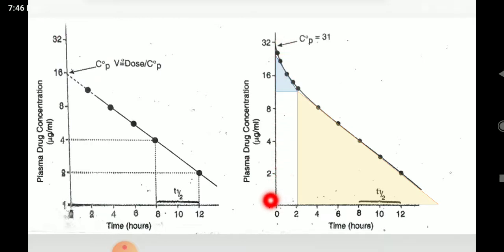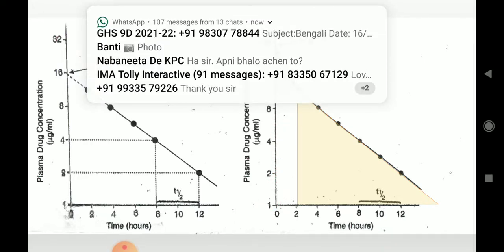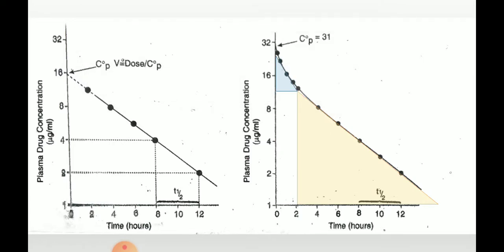Obviously T max is 0 in case of this intravenous route of drug administration, and you can determine route of drug administration, you can determine bioavailability, and you can also determine area under the curve. This is the area under the curve for elimination, that is also known as elimination half-life or plasma half-life, and the whole part is called the biological half-life.